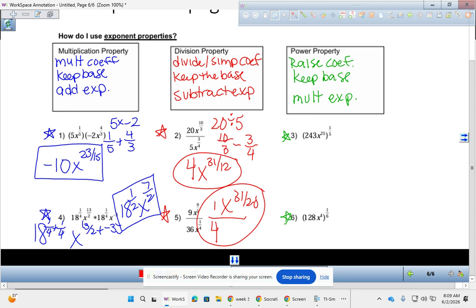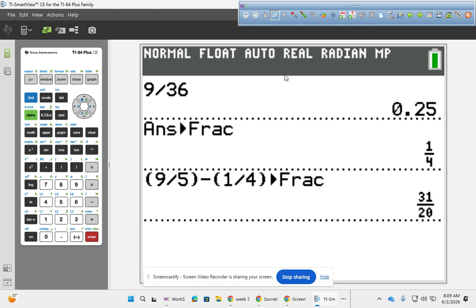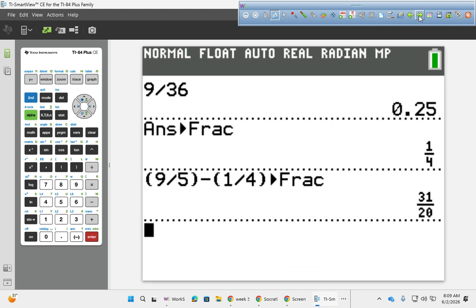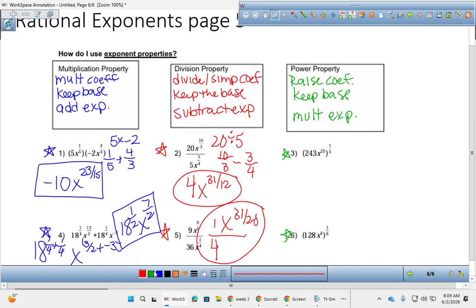So I'm going to raise the coefficient. Here's what that means. I'm going to take that 243, and instead of multiplying it by 1/5, I'm going to raise it to the power of 1/5. So it'll be like 243 and then exponent of 1/5.